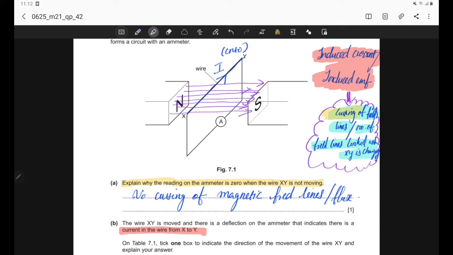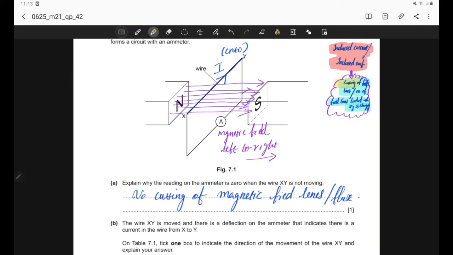And we already know that the magnetic field lines are directing from left to right, as it's from North Pole to South Pole. We can see magnetic field lines are directing from left to right in this direction.